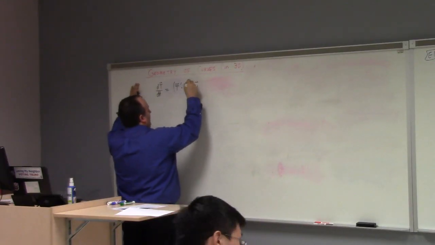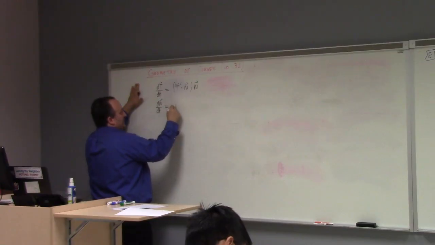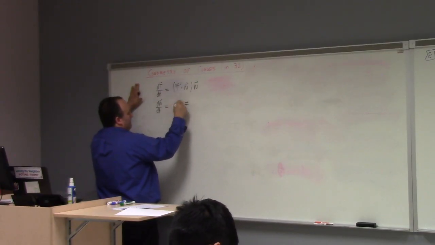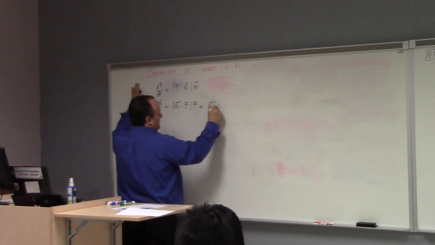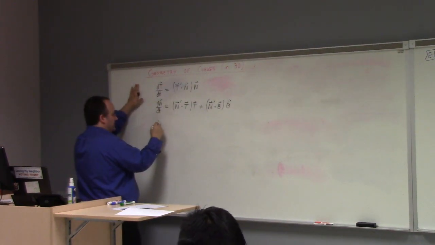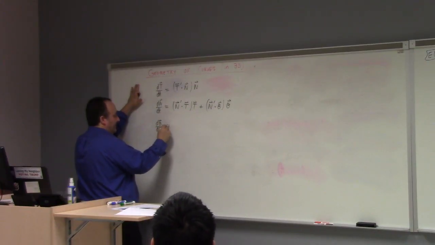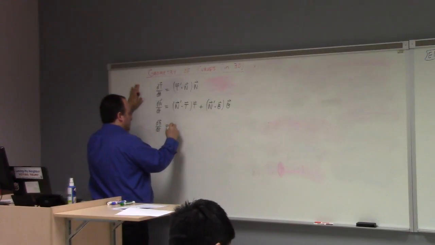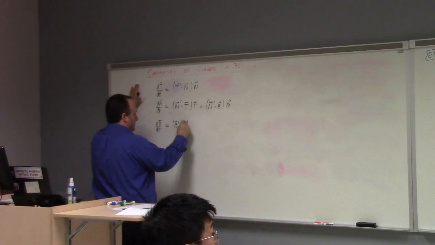And we've shown that dn dt has to be equal to n prime dot t times t plus n prime dot b times b. And we've shown that db dt has to be equal to b prime dot t times t.